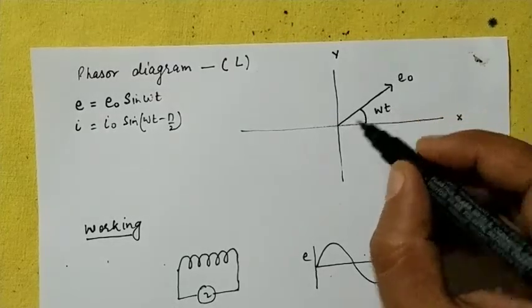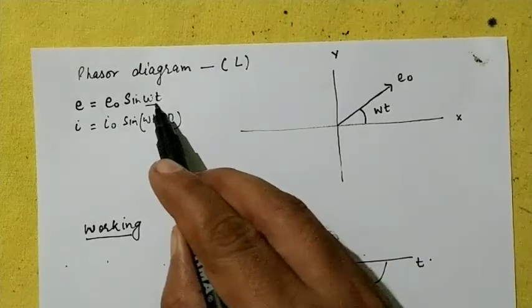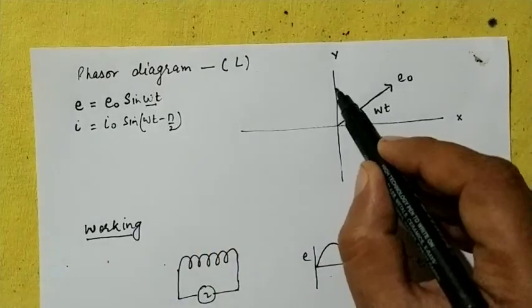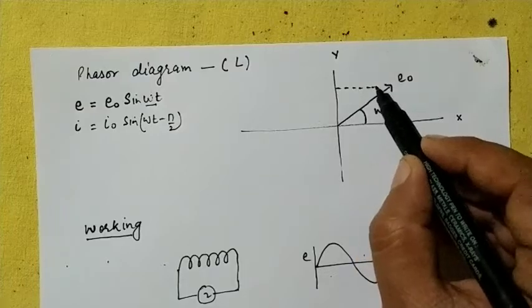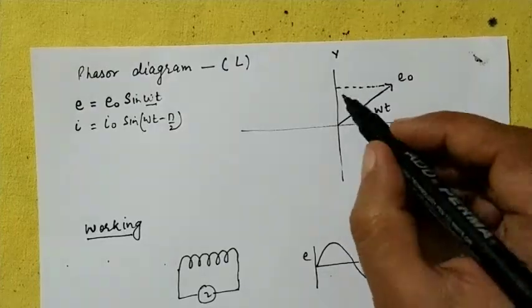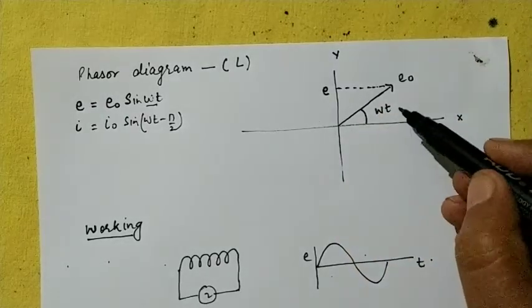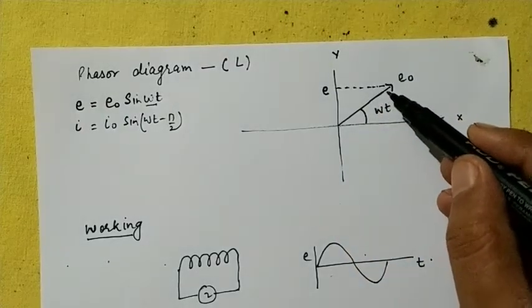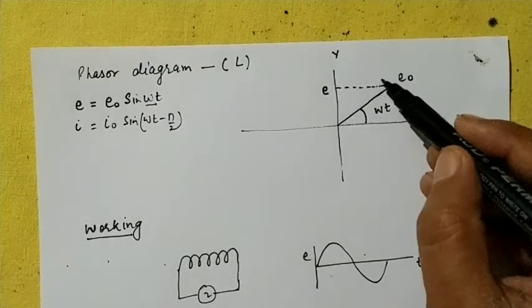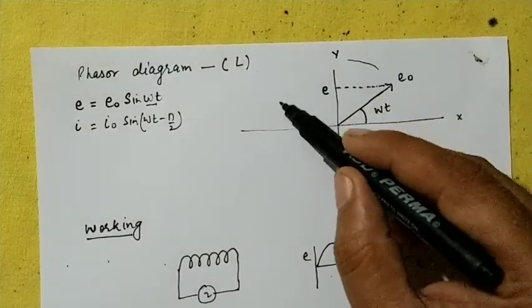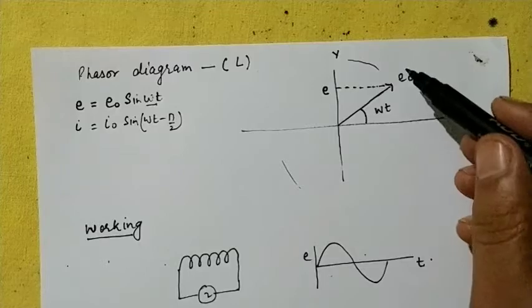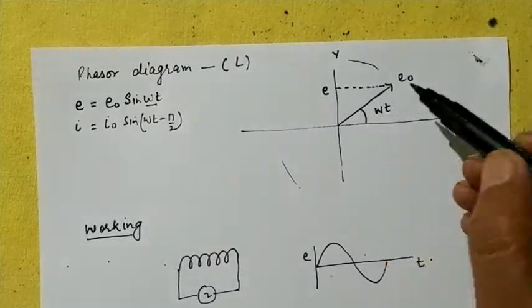So here the angle is omega t. The projection of this arrow on the y-axis represents its instantaneous value. As time passes, this arrow keeps rotating in the counterclockwise direction, and the instantaneous value keeps changing.